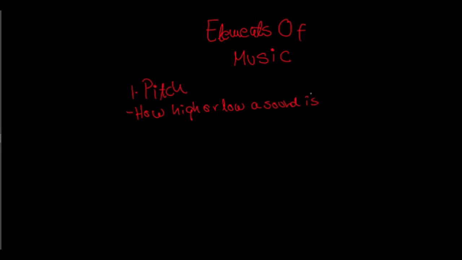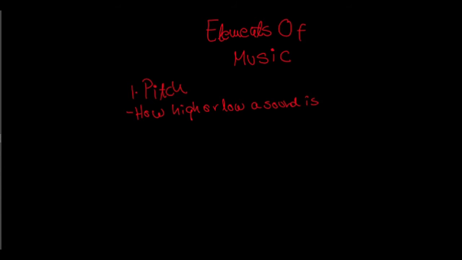To give you some intuitive understanding, that would be the difference between, let's say, this and that, or the difference between this and this. One was higher, one was lower. So this is a difference in pitch. That's one element of music. And of course, every key on the piano corresponds to one pitch, but we'll get into all of that later.